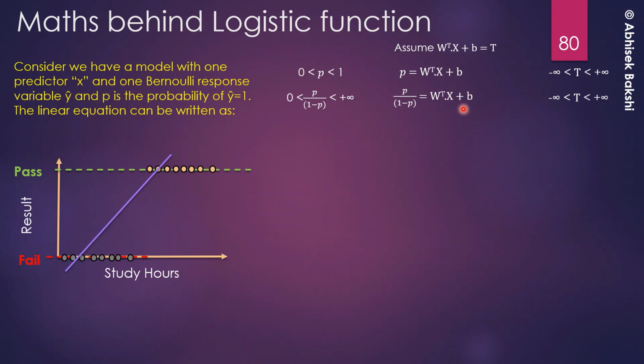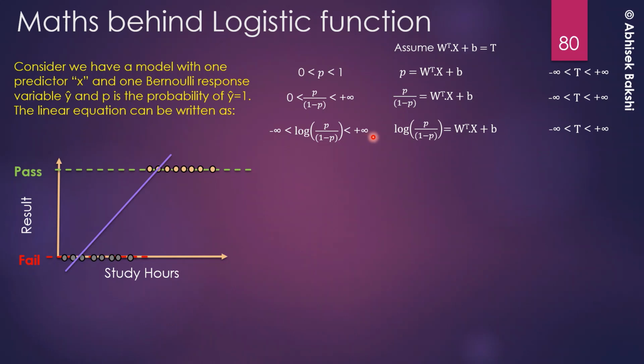Now see what we can do. To overcome this scenario, we can put a log on this odds part. And once we put the log, the equation will have a very interesting change. Why? Because now, if you put the minimum value of p here, that means 0, log 0 will be equal to minus infinity. And if you put p equal to 1, that means this part will become 1 by 0, so log infinity will become plus infinity.